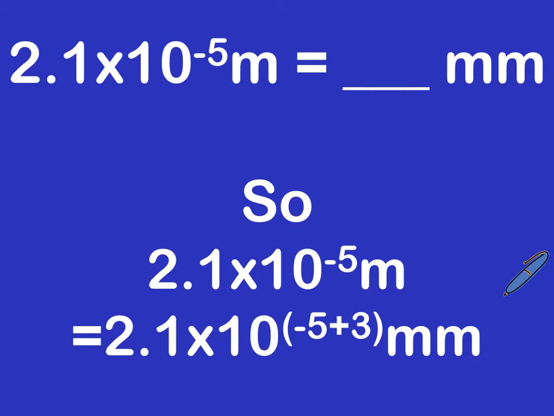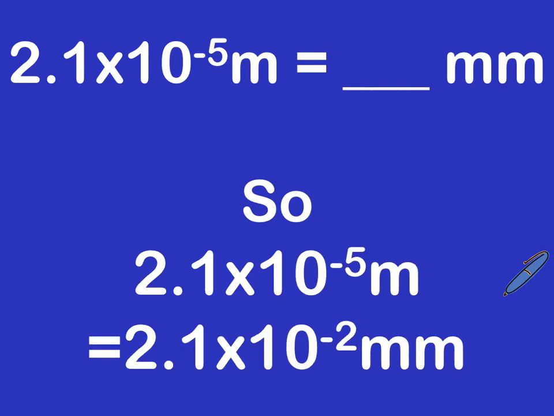That's going to be equal to 2.1 times 10 to the minus 5 plus 3, because we came up with plus 3. We're adding the plus 3 to the minus 5 that we already had. So that'll be how many millimeters we have. Of course, minus 5 plus 3 is going to be minus 2. So 2.1 times 10 to the minus 5 meters is the same thing as 2.1 times 10 to the minus 2 millimeters. See, just subtract those powers of 10 exponents and then add that value to whatever was already given up there.